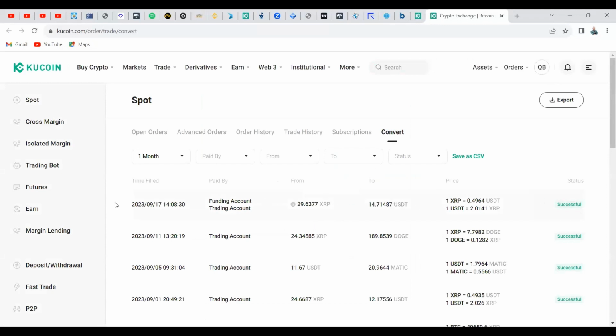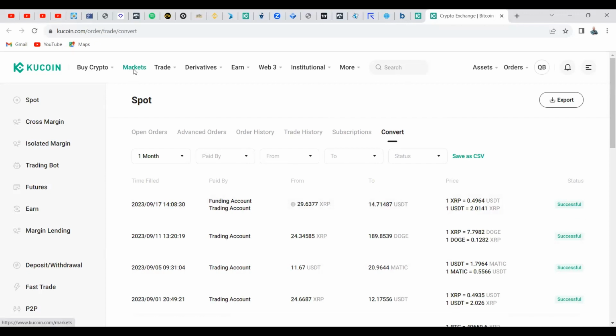And as you can see over here, I moved my XRP from my funding account to my trading account. That is what I would do if I wanted to deposit some funds so that I could be able to trade.